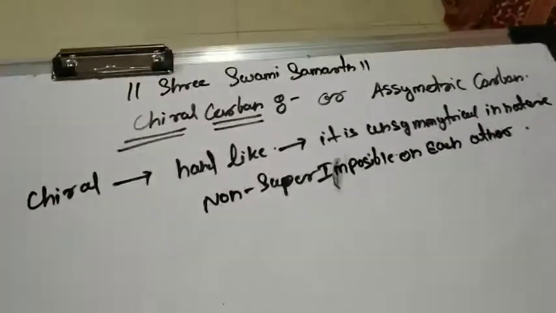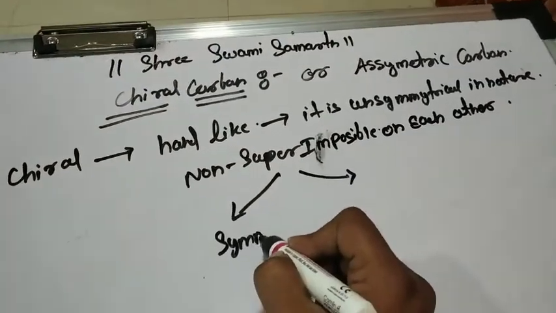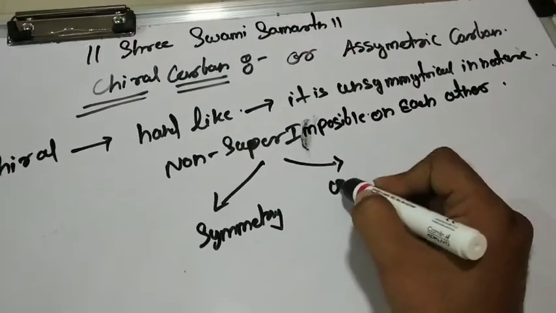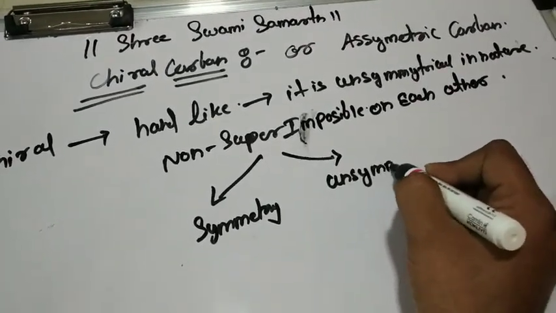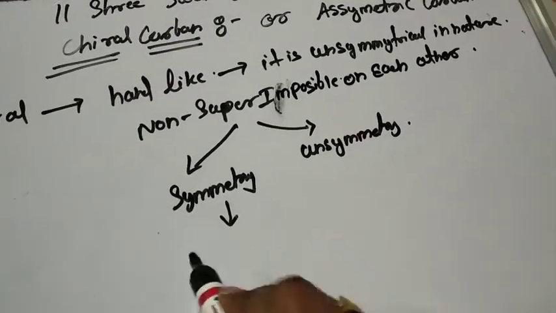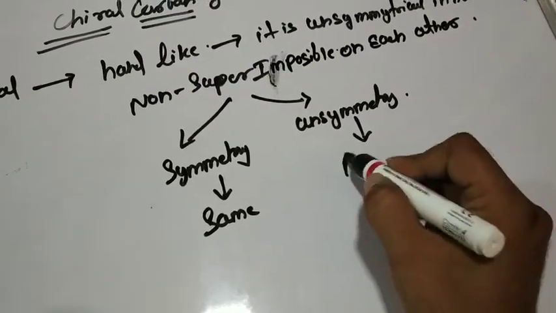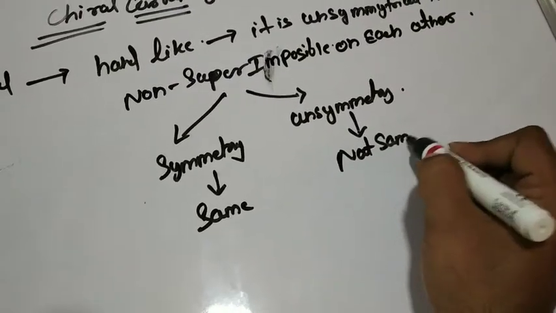So you have to understand that there are two concepts, that is symmetry and unsymmetry. In short, if I want to explain what symmetry is, symmetry is nothing but which is the same. Unsymmetry means which is not the same.